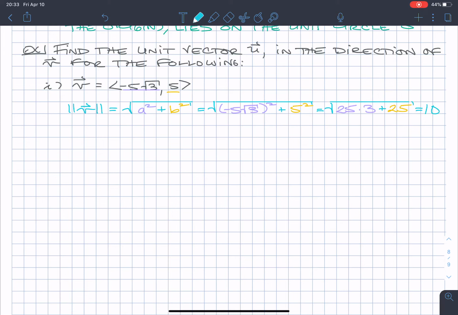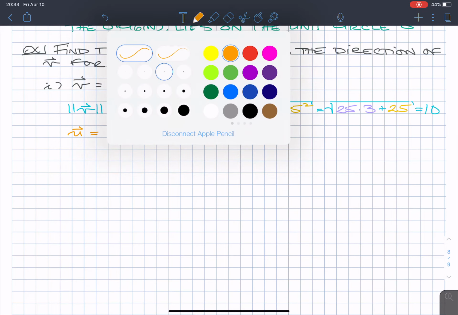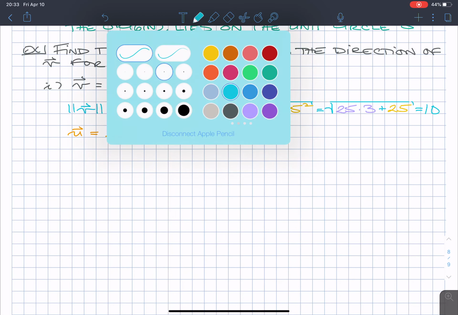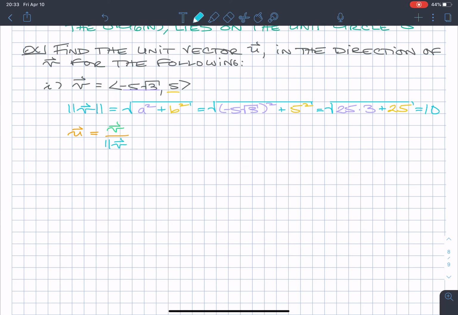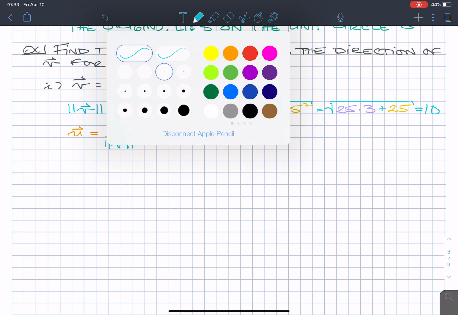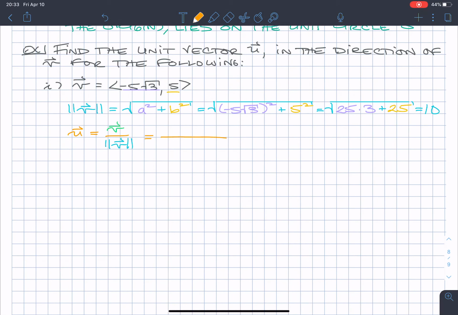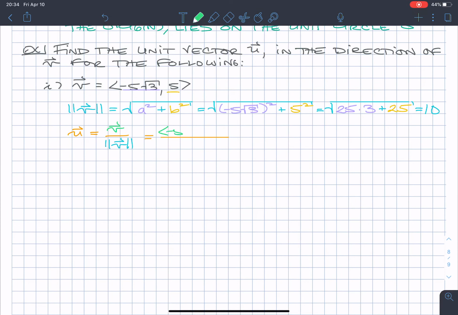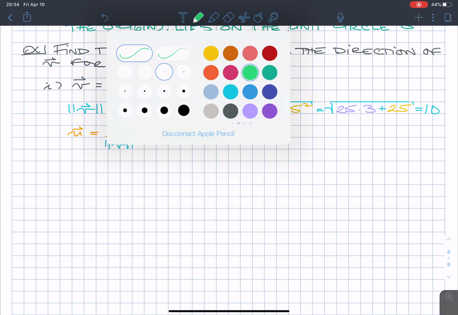So I now know that vector u, which is vector v divided by the magnitude of vector v, is simply going to be vector v, which is negative 5 root 3, comma 5, divided by 10.